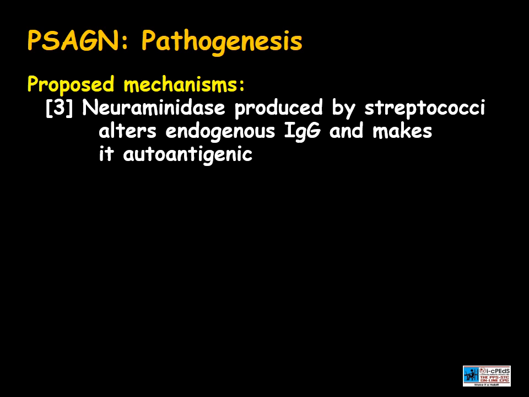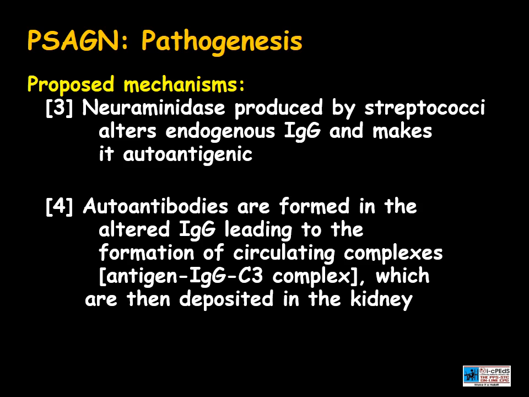Neuraminidase produced by streptococci alters endogenous immunoglobulin G and makes it autoantigenic. And 4. Autoantibodies are formed against the altered IgG, leading to the formation of circulating complexes which are then deposited in the kidney.